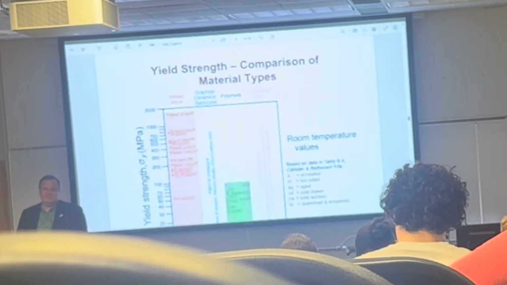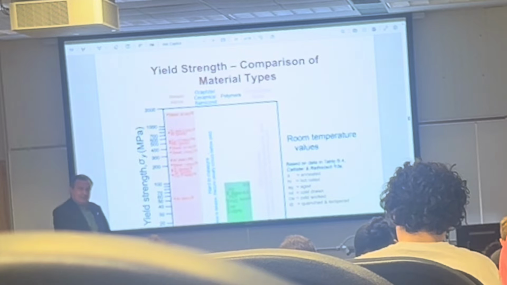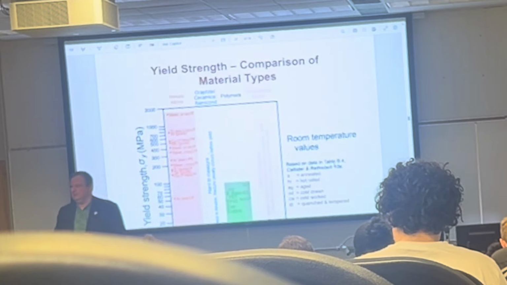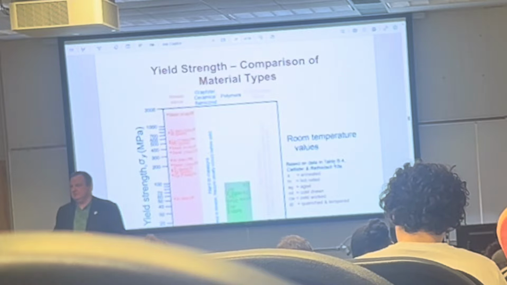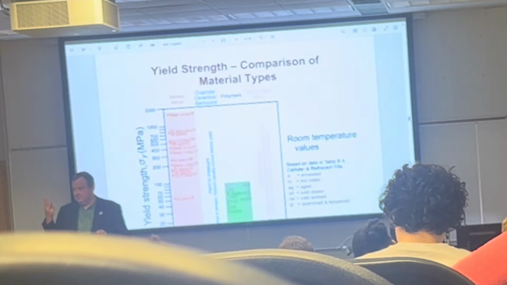We take the same piece of metal, we put it in the furnace, and we take it out. And one we put in ice water, another one we let cool in air, and another one we put in oil. And the difference between the one that was in the ice water and the one that was cooled in air is a factor of 3. That's the yield strength.